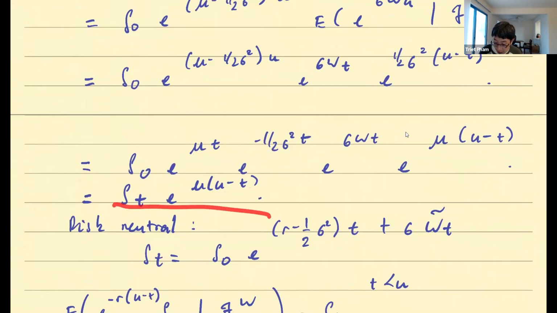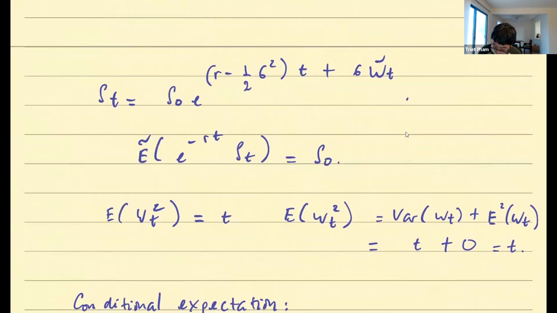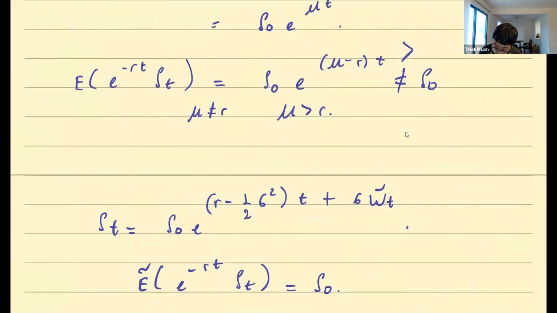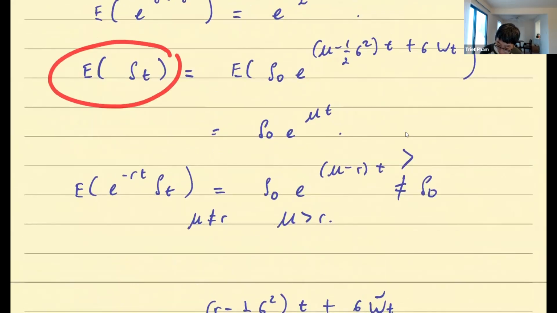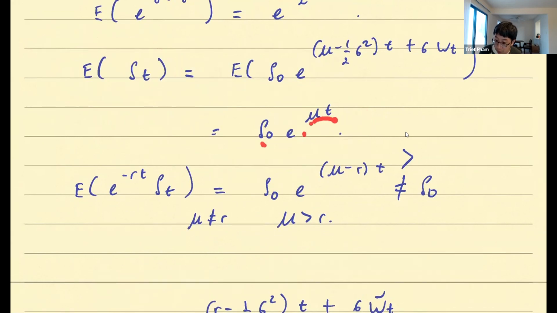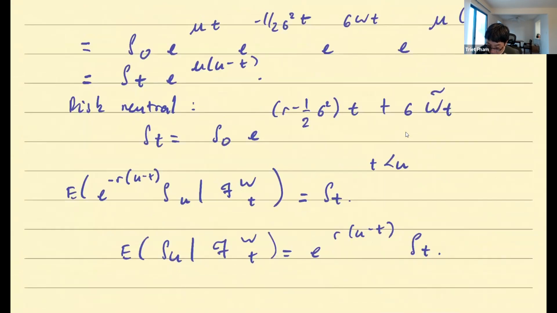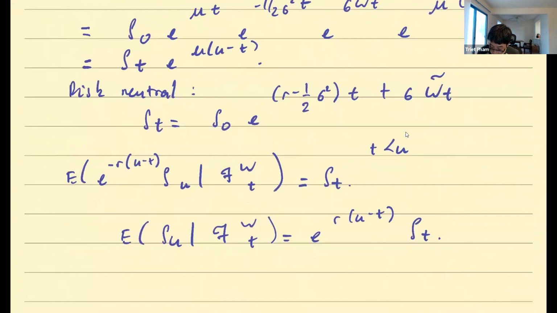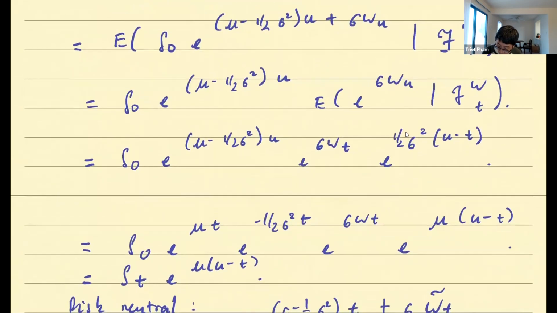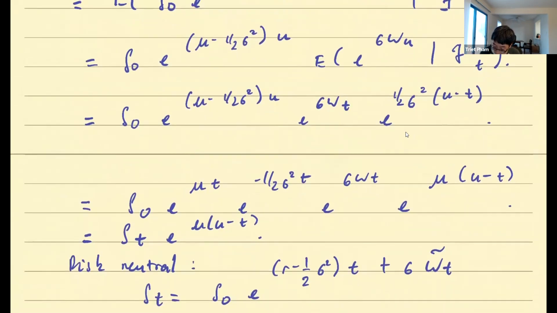This is nothing but the analog of the other calculation we did right here: the future stock price is the current stock price times the movement of the return. So when you do conditional expectation, you get exactly the same thing. In other words, the future stock price conditioned on the current time being T will give you this.